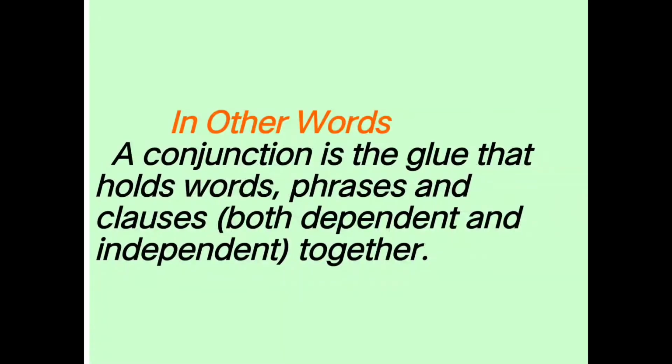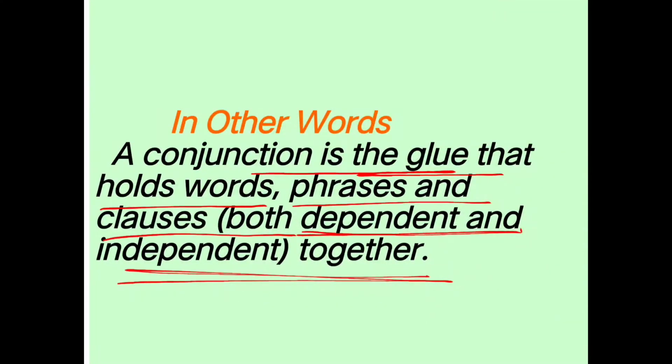In other words, a conjunction is the glue that holds words, phrases and clauses, both dependent and independent, together. About dependent and independent clauses I will tell you afterwards, what these clauses are, and what dependent clauses and independent clauses are.